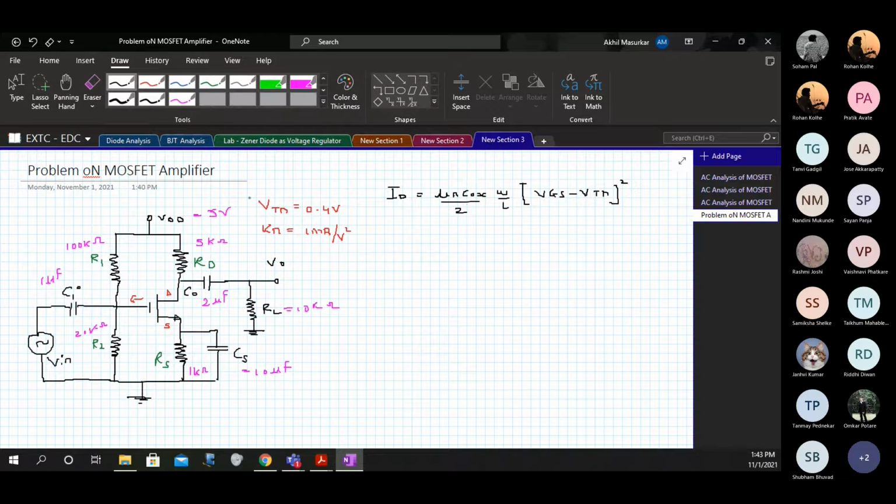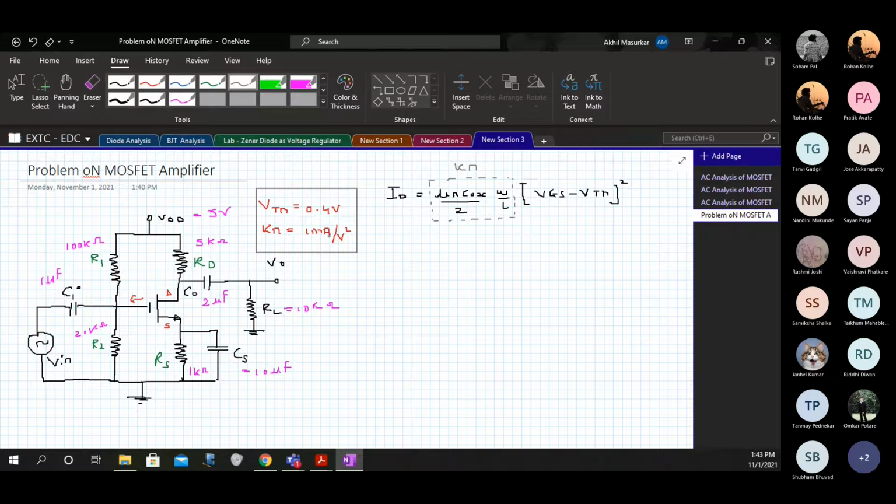So when they specify a value like this in the problem, the value of Kn means all this is Kn. Generally we write it as Kn by 2, but this is Kn.